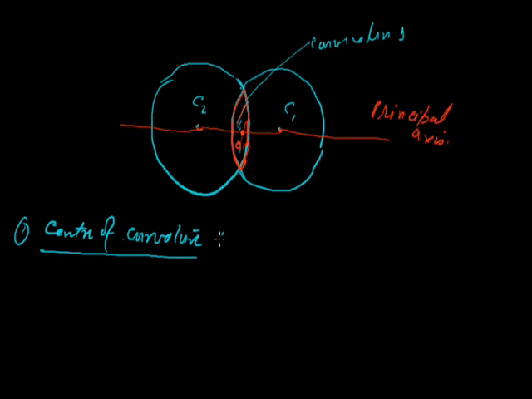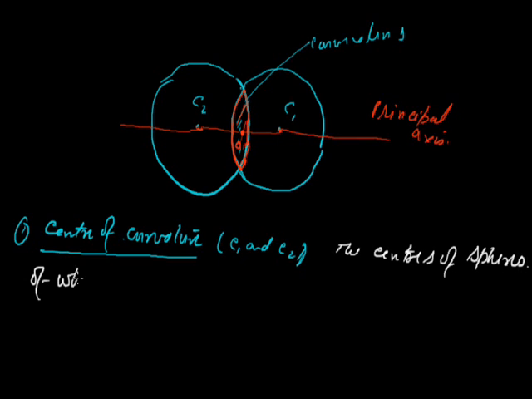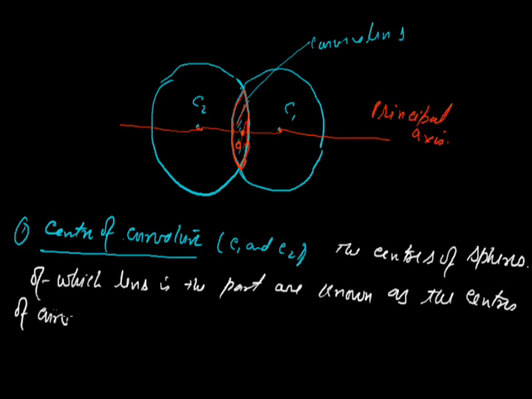The centers of the spheres of which lens is the part is known as center of curvature. They are denoted by C1 and C2.